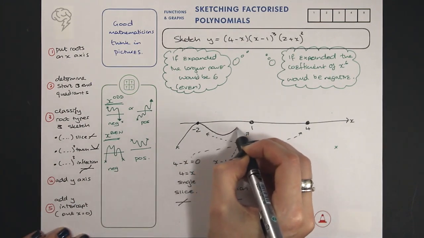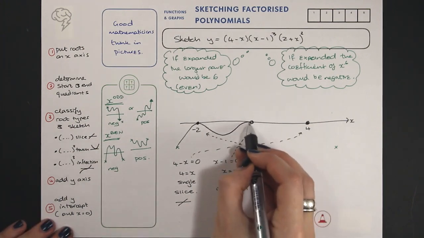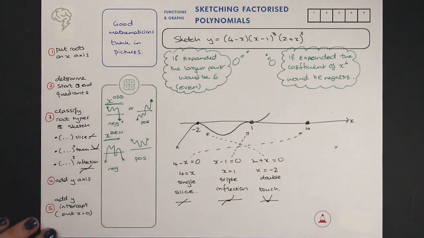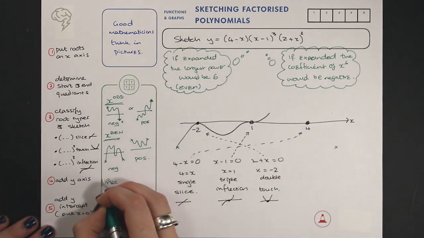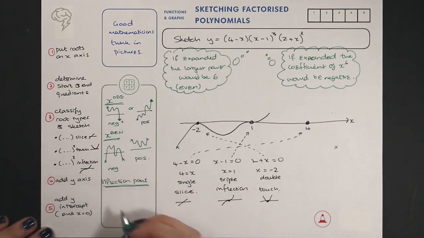And to draw an inflection, I draw what looks like it's going to be a touch, but then it actually goes up. So it's a little tip there for an inflection point to look good. Then a tip is to draw what looks like a negative quadratic. It looks like it's going to go down again. And then I actually take my pen off and go back again and then draw what looks like a positive quadratic.